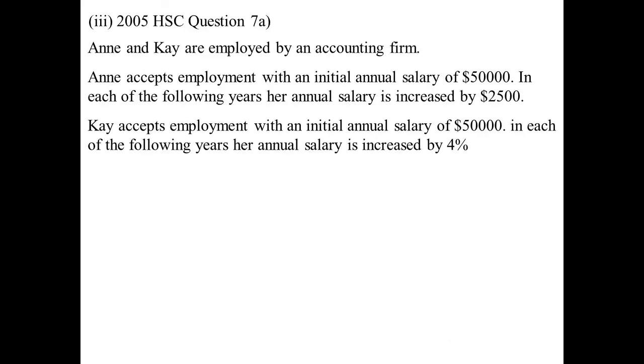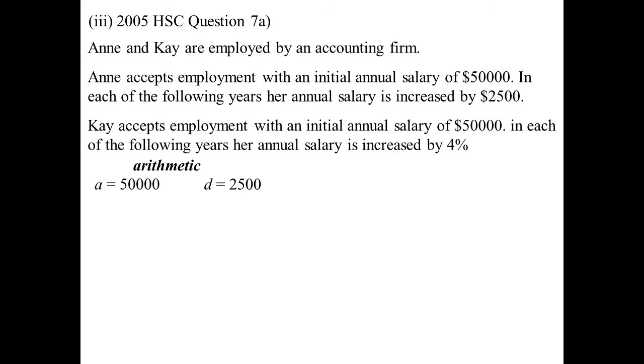Anne and Kay are employed by an accounting firm, but they took on different conditions of employment. Anne said, look, I'll accept $50,000 and then every year just increase my salary by $2,500. Kay said, well, yeah, look, I'll also start at $50,000, but I want a 4% increase every year. Who's the smarter person?